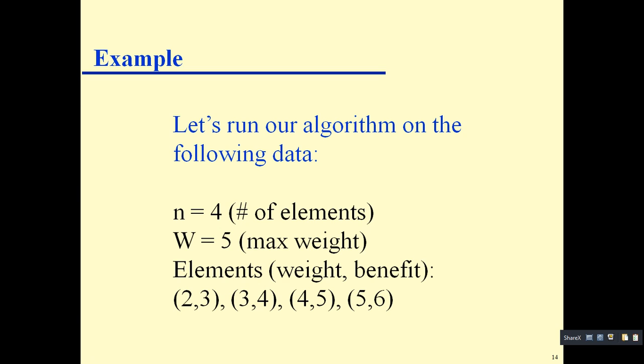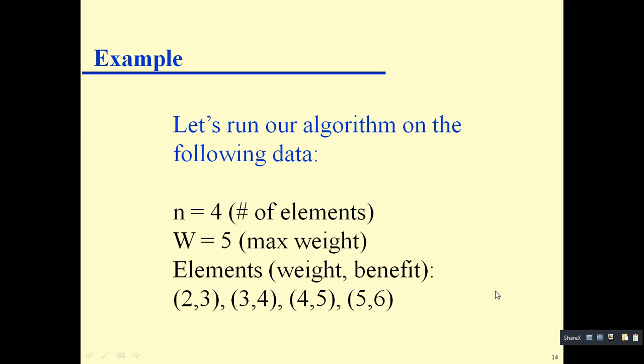The 4 items in the store have weight and cost or value like this. Item 1 has weight 2 kg, cost is 3 dollars or 3 rupees. Item 2 is 3 kg, cost is 4, like that.